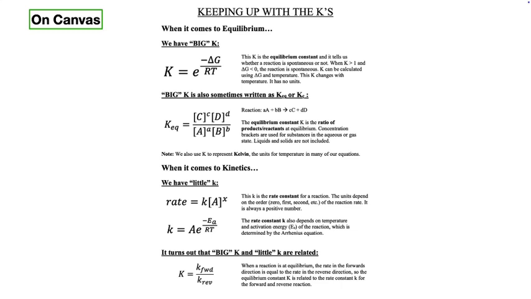This is on Canvas. Do you think you need all of these notes? Yeah? Then it shows up on your note sheet. If you don't think you need them, that's fine. But realize you've got those two different dynamics going on within it.